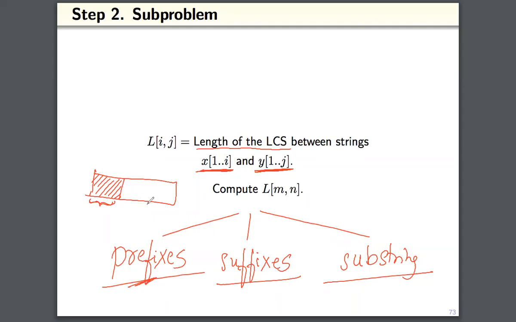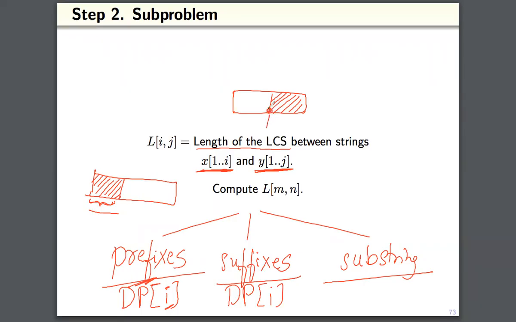Given a string, you can write it as dp of i, where i means the first i characters. What about suffixes? You can say dp of i, where dp of i means from ith character till nth character. That's the suffix.